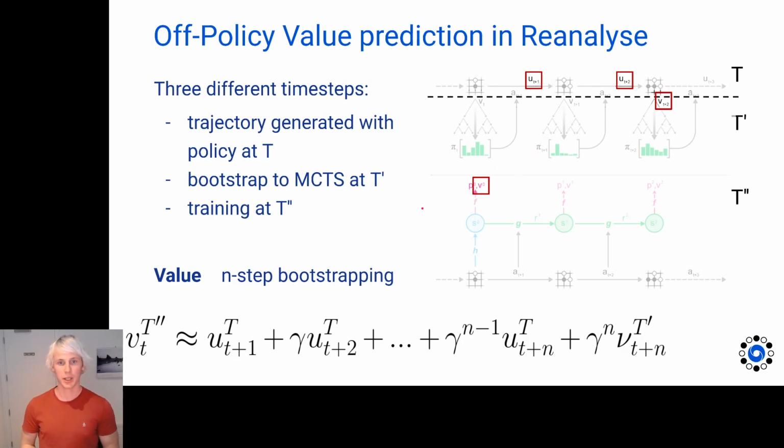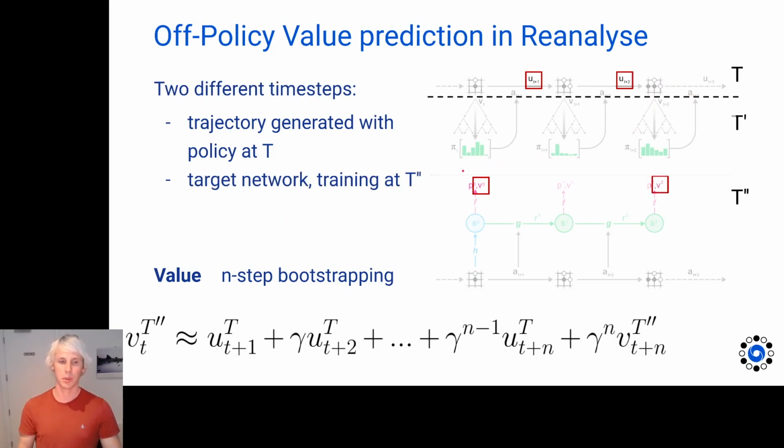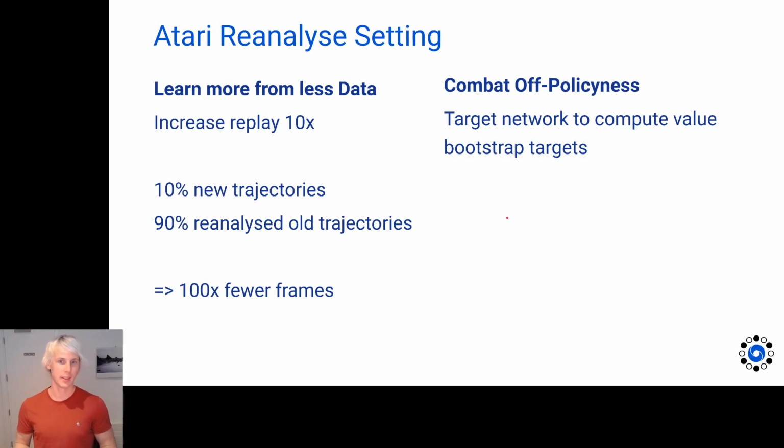The value estimate here in the search tree will be under a different policy than the originally observed rewards. And to simplify this issue a bit, instead of bootstrapping towards the average of the search, we can instead bootstrap to a target network. In this case, we only have two different timescales, the originally observed rewards and our new target network. In fact, this is what we used for our reanalyze Atari experiments. And in addition to using a target network, we also increased the replay by 10x.